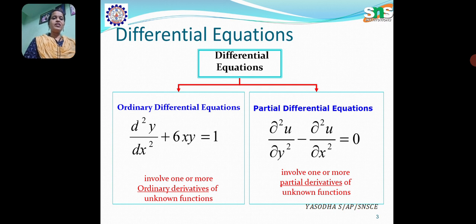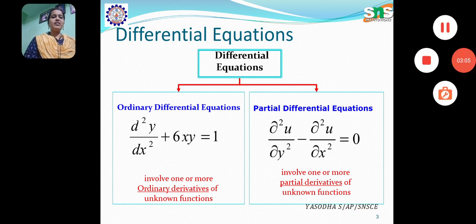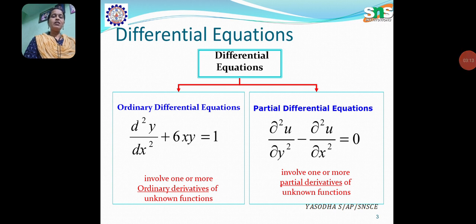So what is ordinary differential equation? Ordinary differential equation is where the normal derivative occurs. Normal means ordinary differentiation occurs. That means ordinary derivative occurs, that is dy by dx or dx by dy, like that.